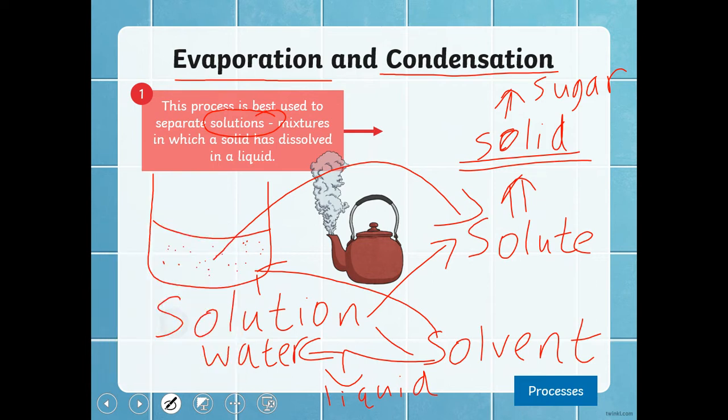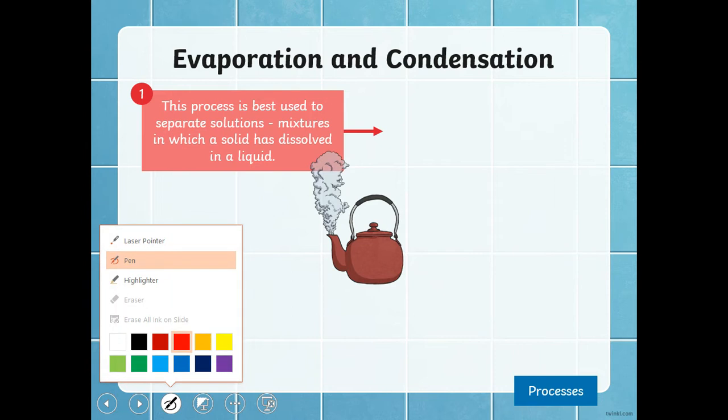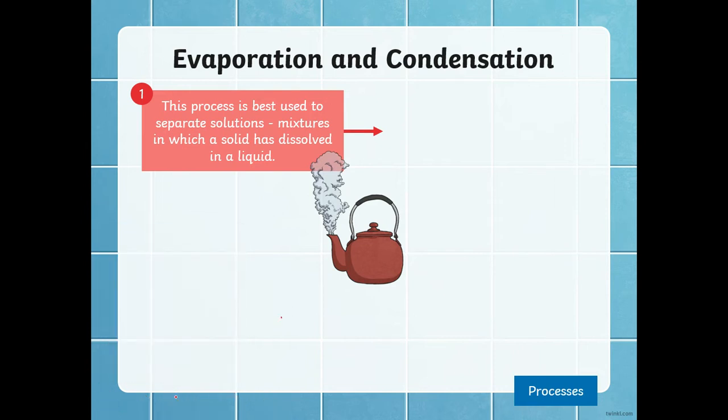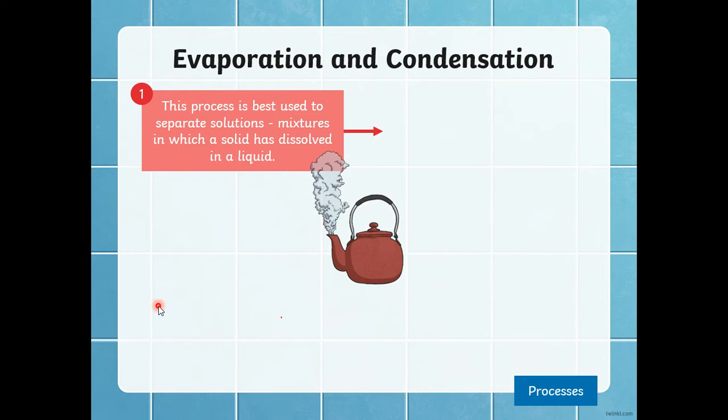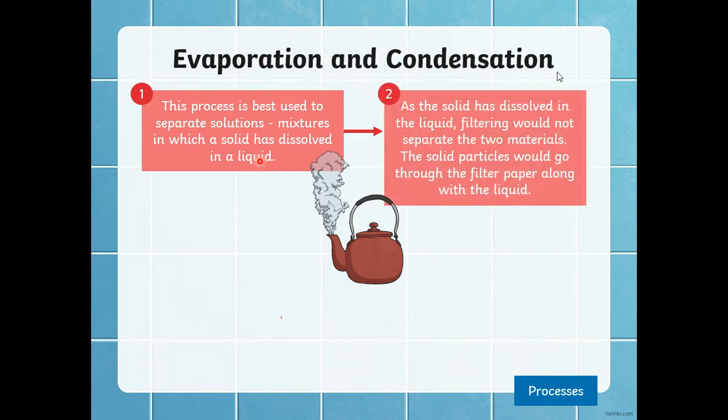So when we are considering evaporation and condensation, we'll be using them when we're considering solutions. What are solutions? Mixtures in which a solid has dissolved in a liquid. Next up. As the solid has dissolved in the liquid, filtering would not separate the two materials.